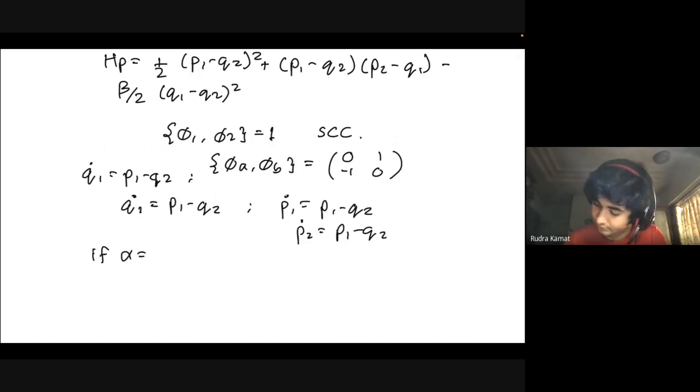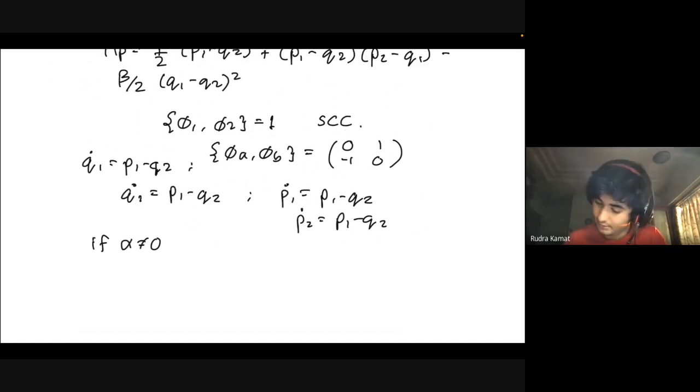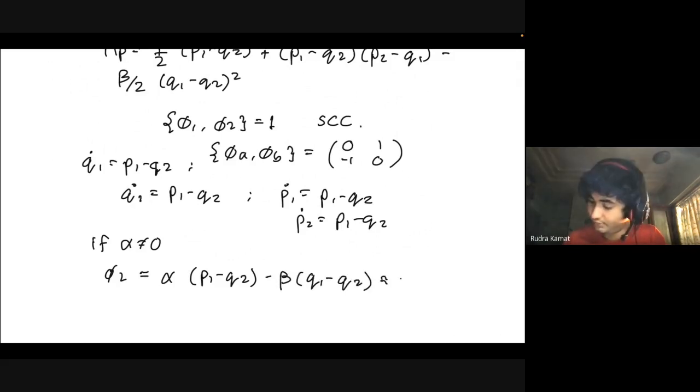So if alpha is non-zero, we have phi 2, the alpha (p1 minus q2) minus beta (q1 minus q2) is weakly zero.